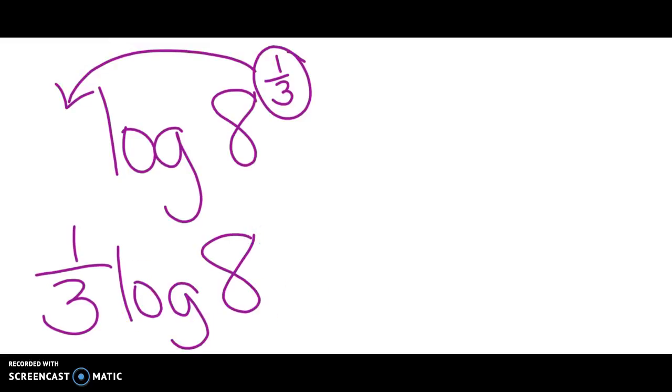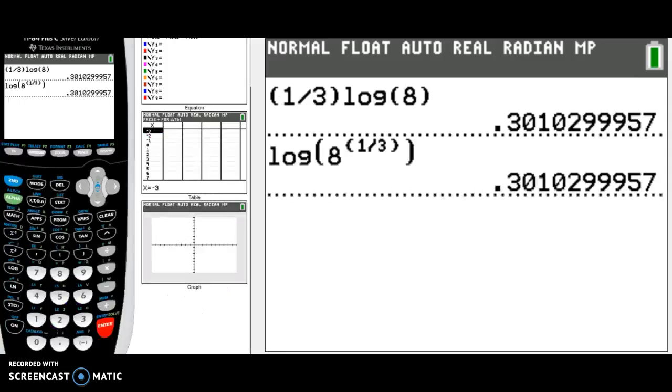They should come out the same. Okay, so I just calculated that with my calculator just to be sure. So what we just did, we moved that 1/3 in front of the log and then just did the log of 8. And it comes out exactly the same as log of 8 to the 1/3. So it works very well with numbers, but we use these properties when we're solving for x's and y's.